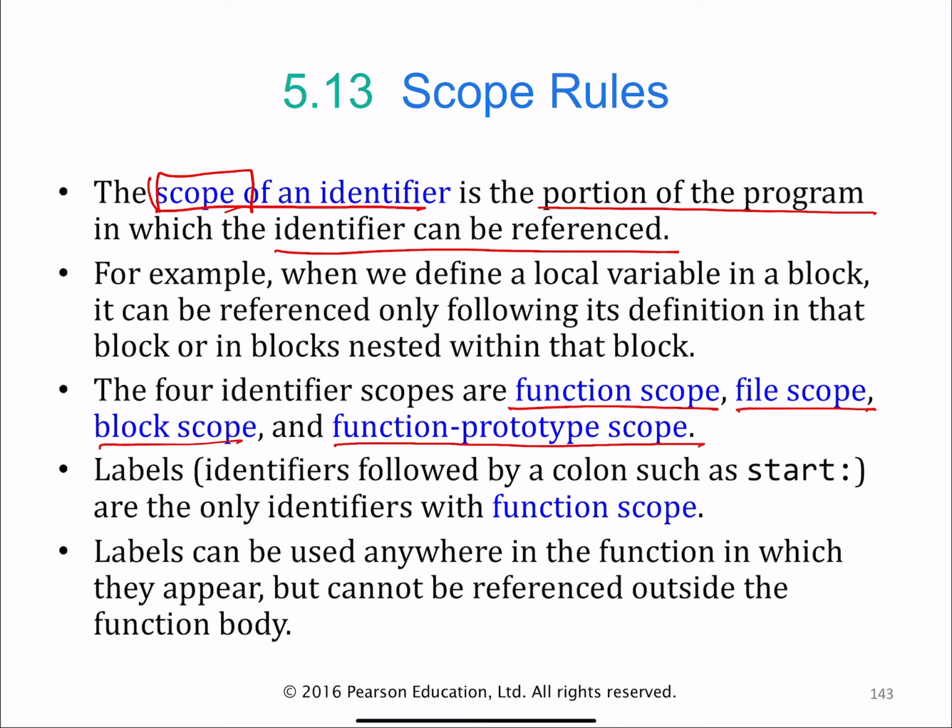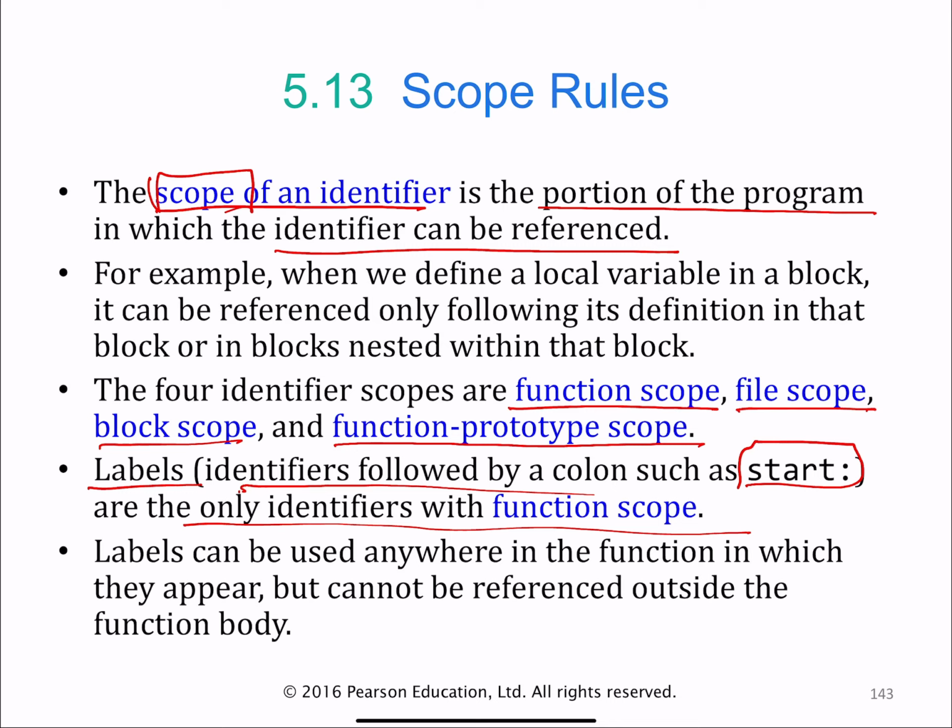Now, labels, which are basically identifiers followed by a colon, like this one, for example, are the only identifiers with function scope.